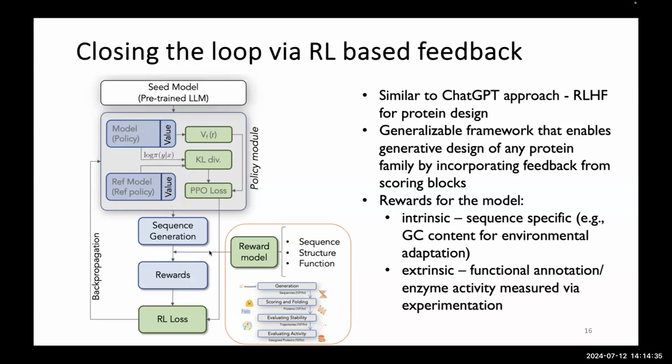And then I talked about the scoring blocks, right? Once the generated sequences are subjected to the scoring blocks, you can get the feedback either in terms of the reactivity profiles, or feedback at the level of the MD simulations, or feedback at the level of folding. You can choose which level of feedback you want.